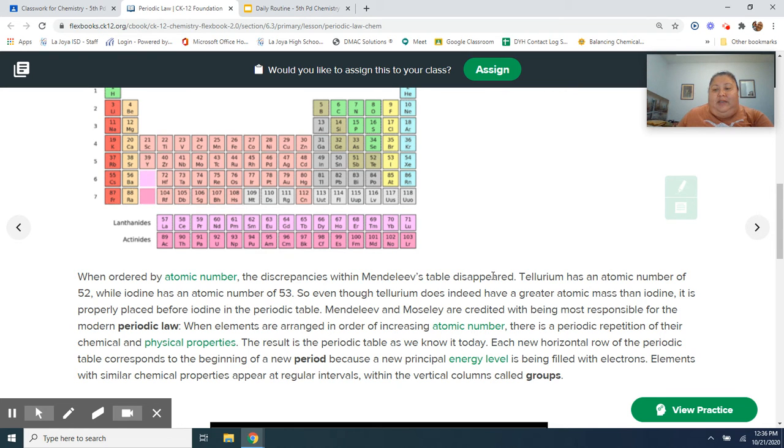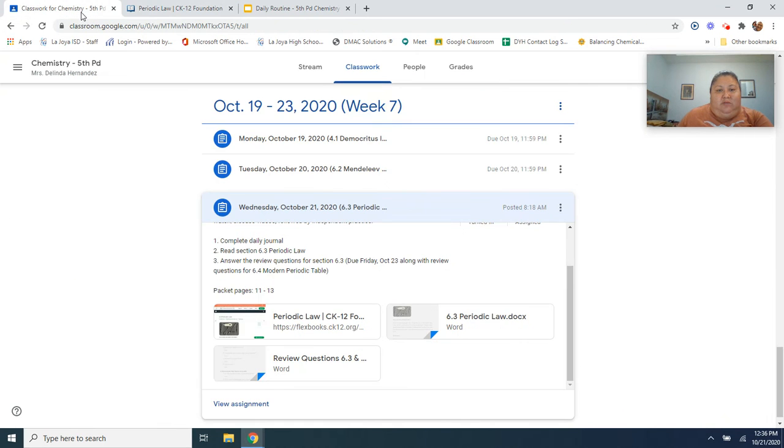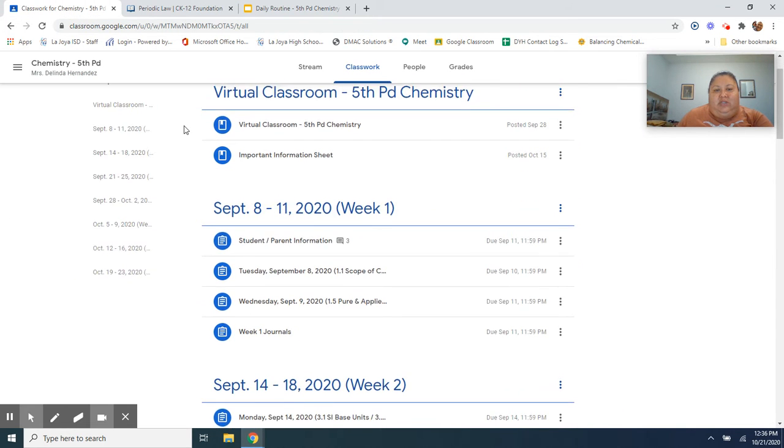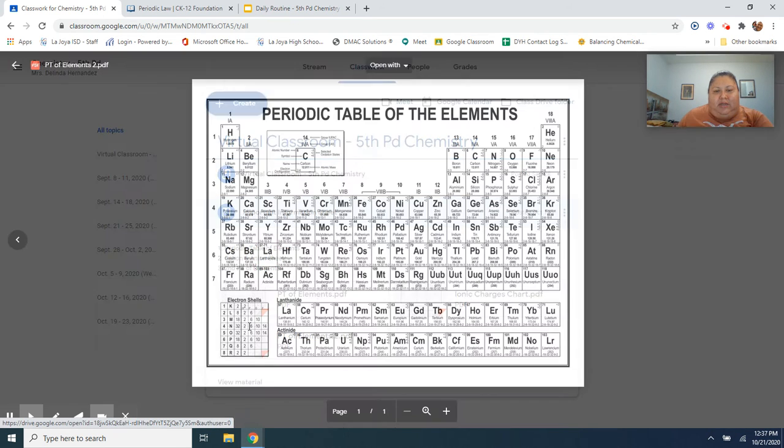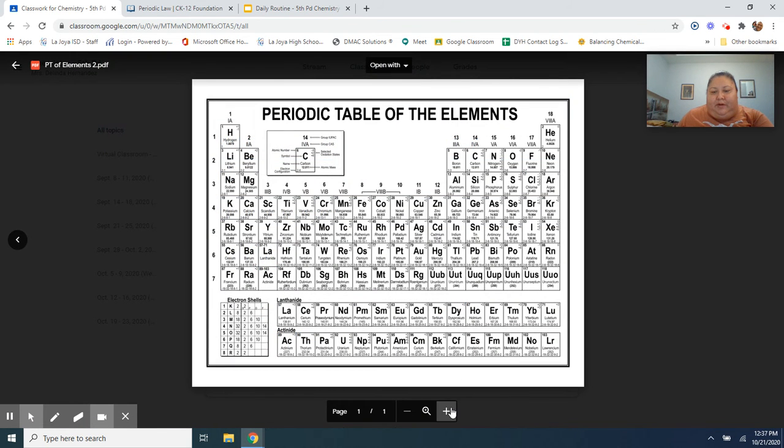Now, tellurium has an atomic number of 52, while iodine has an atomic number of 53. If you look at a periodic table that has all the information, let's check it out real quick.